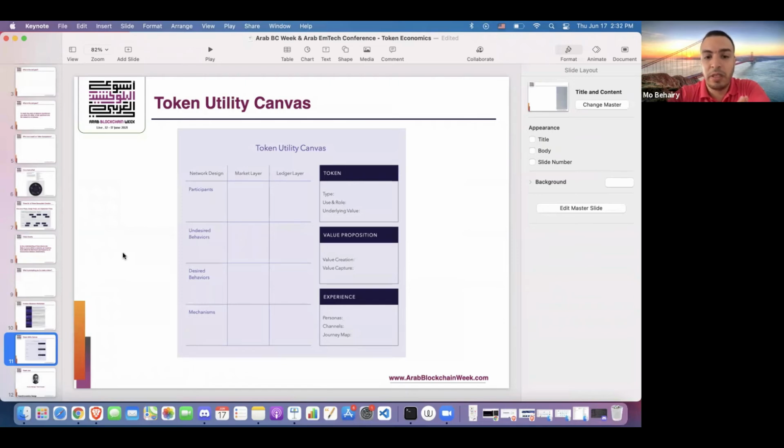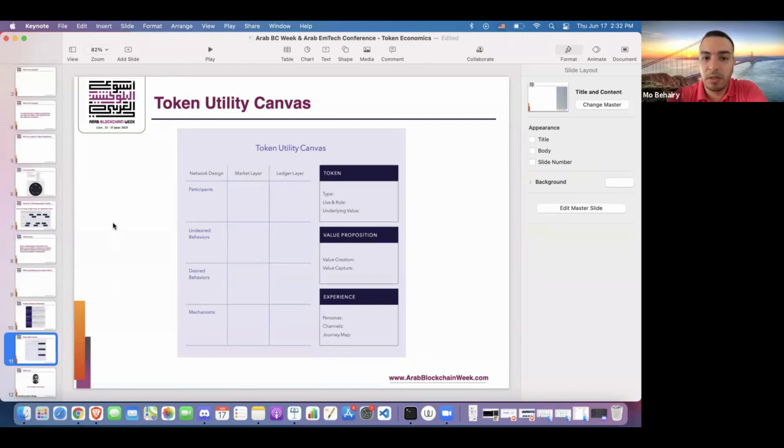In my opinion, this is probably one of the most important tools to summarize my thoughts when I'm thinking of any problem that I want to create a token for. And it's one of the most effective communication tools. Right now, it's probably the one thing that I send the most to people when I want to communicate an idea about a token.